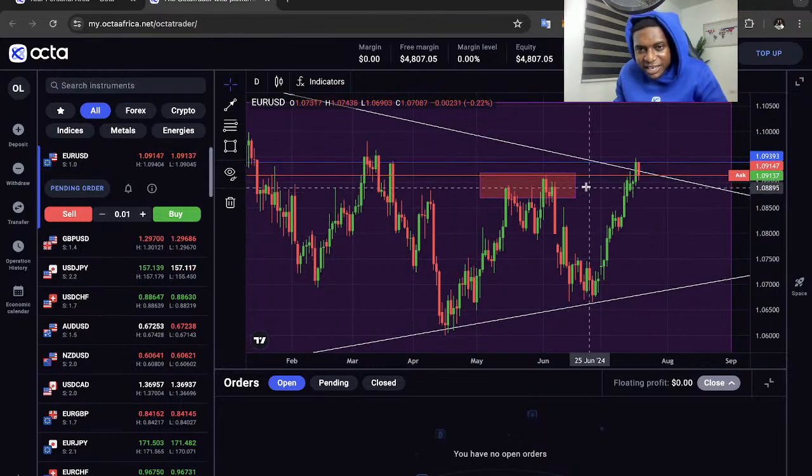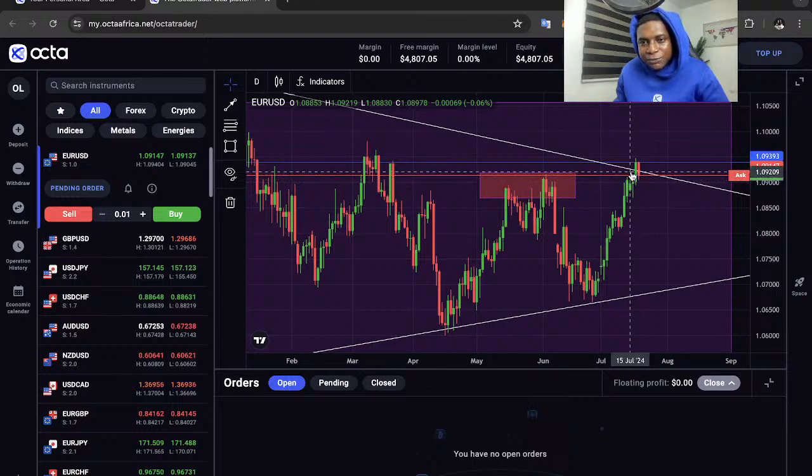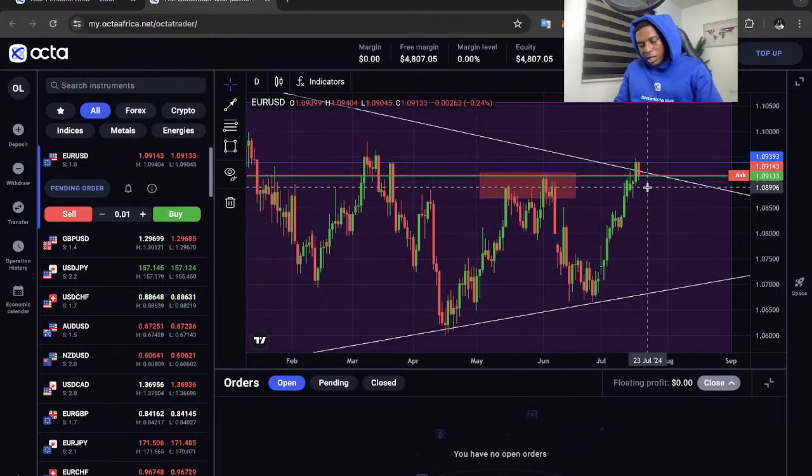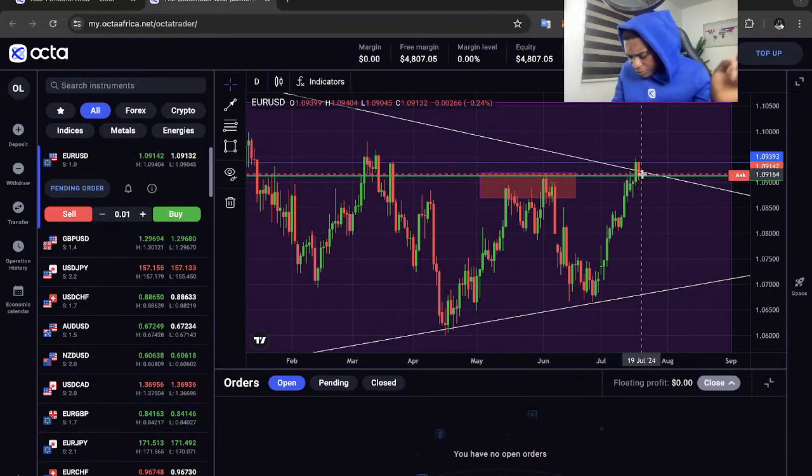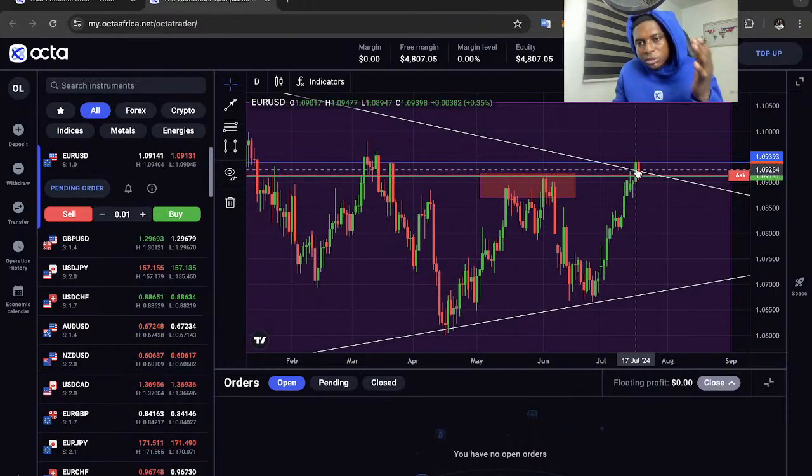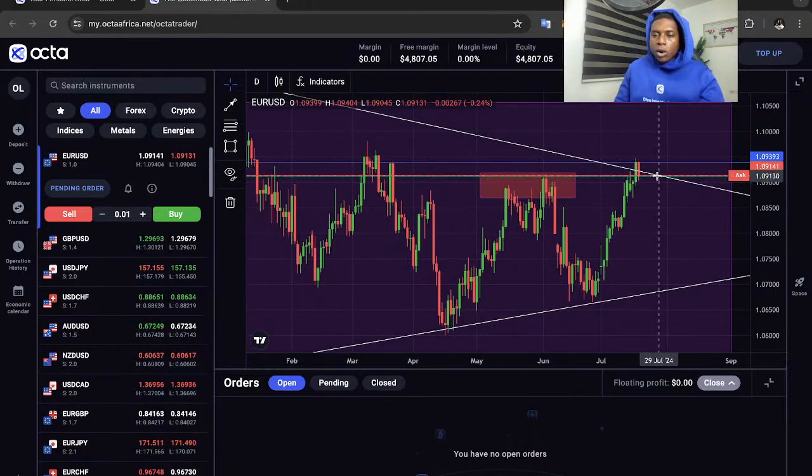So what we can see here is a breakout followed by a retracement, which validates the fact that the retracement is very much expected at this level. I don't know if you are following. If you are following, let me know in the chat section. So the retracement is very much welcome.